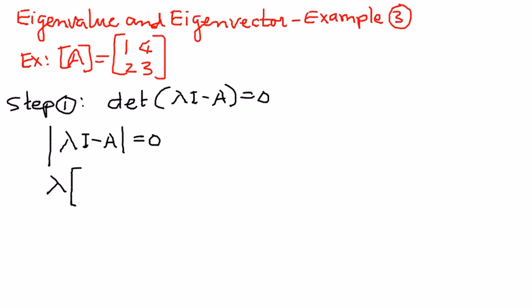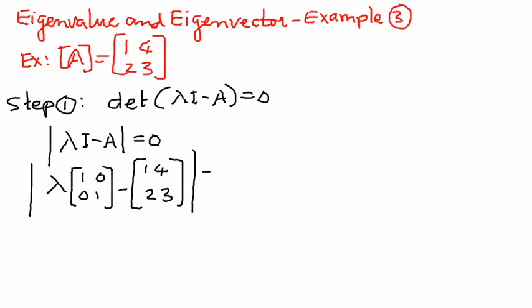Since the given matrix is a 2 by 2 matrix, the identity matrix we're going to select here will be a 2 by 2 matrix, and it looks like this: 1 0 0 1. Minus A, the given matrix, 1 4 2 and 3, and we're going to let the determinant of that equal 0.